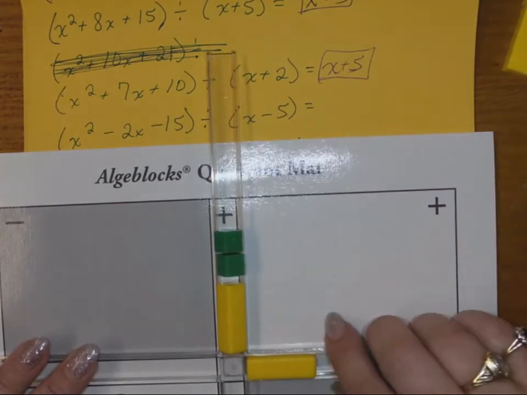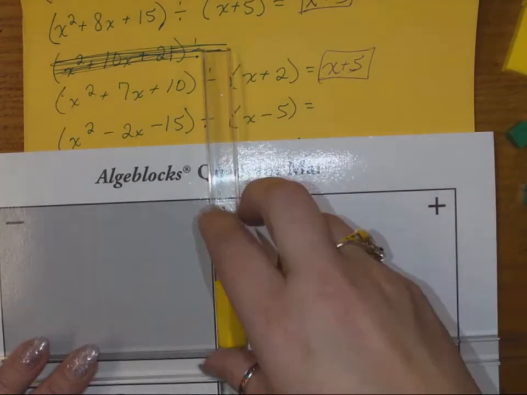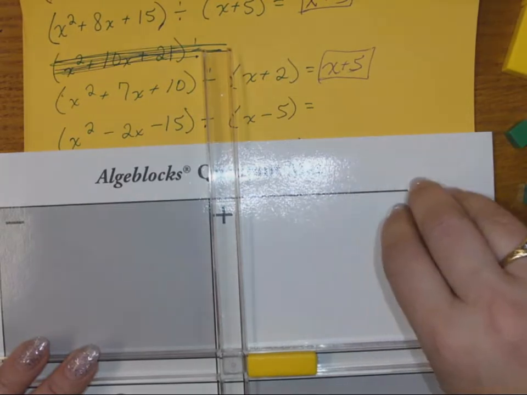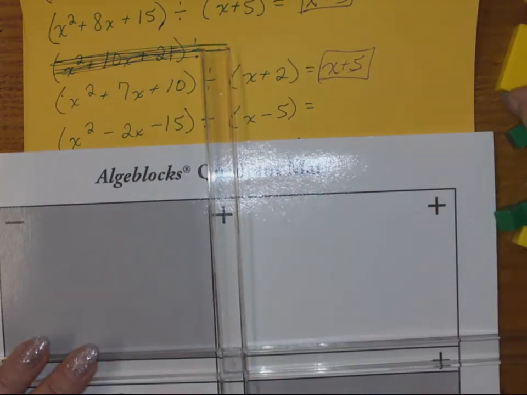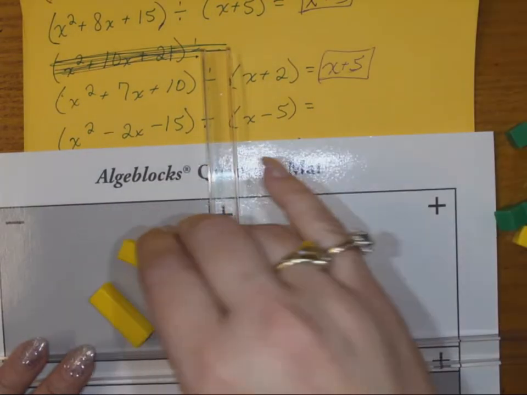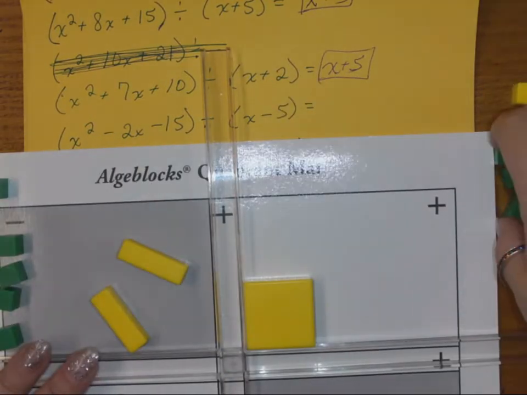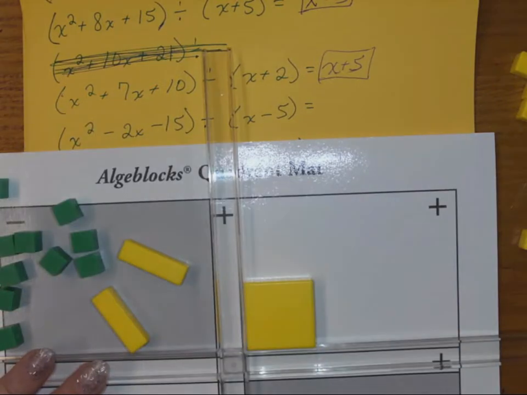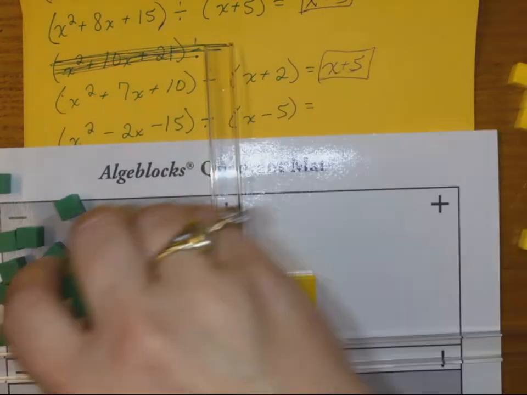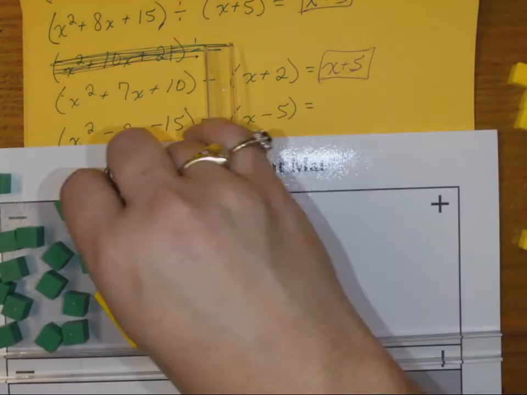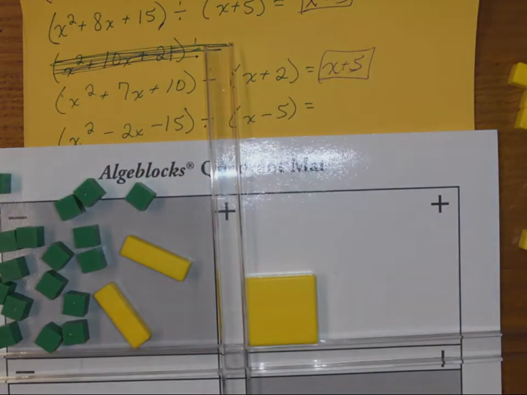It's going to throw me a little bit off my pattern because I see a bunch of negatives coming in, right? So I've got x squared, I've got negative 2x, and I've got negative 15. Now, you might be tempted to put the 2x in one quadrant and the 15 in another, but I find that a lot of times it works out better if I can stick them all together like this.